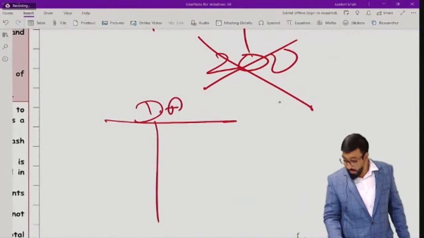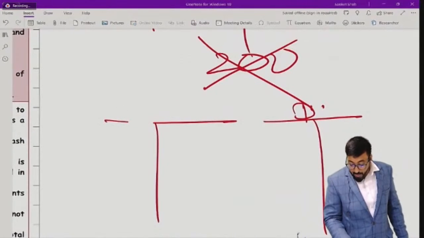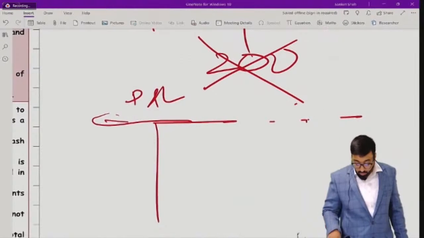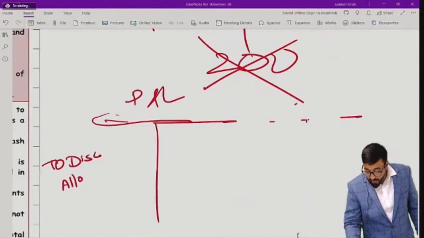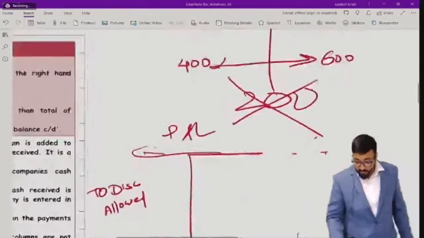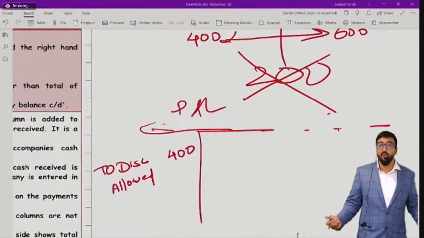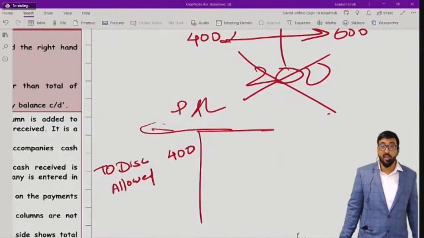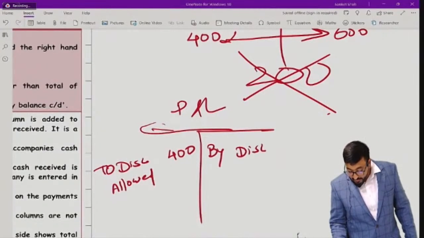Discount allowed: sorry, if you prepare the P&L account, in the debit of the P&L, discount allowed is on the debit side and discount received on the credit side.